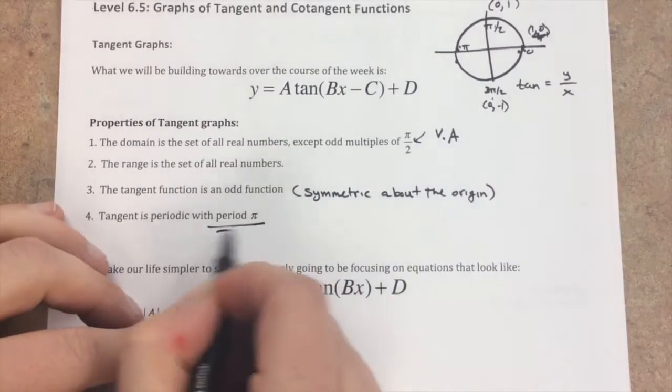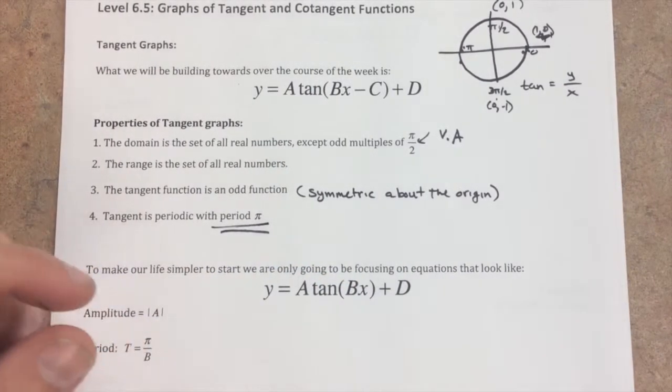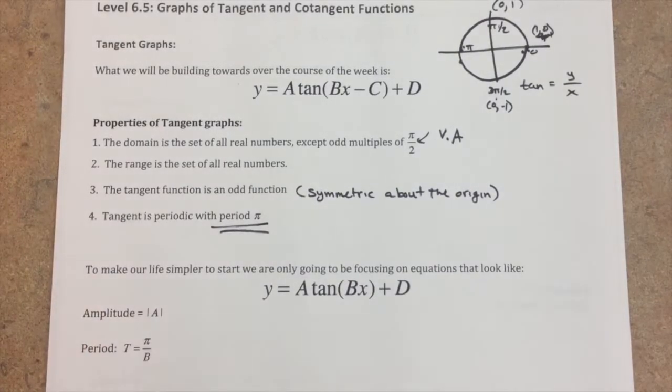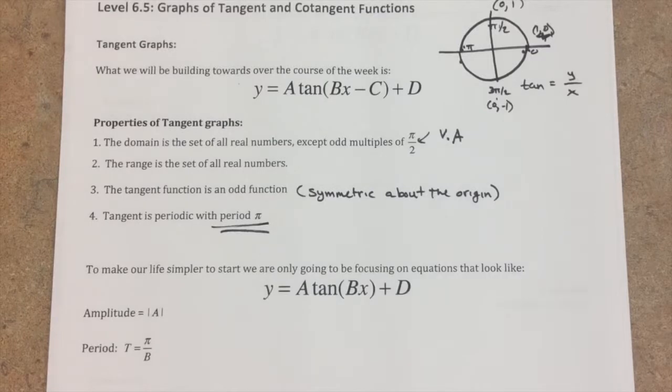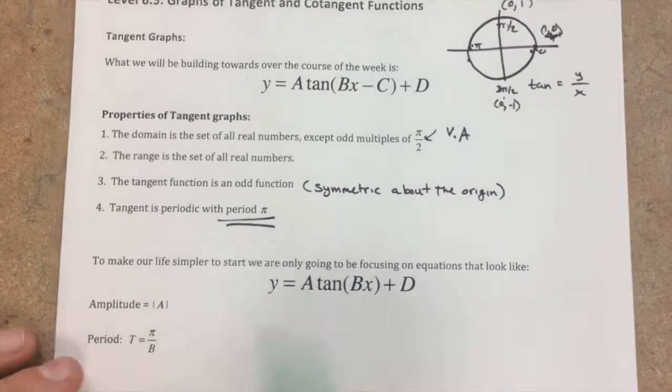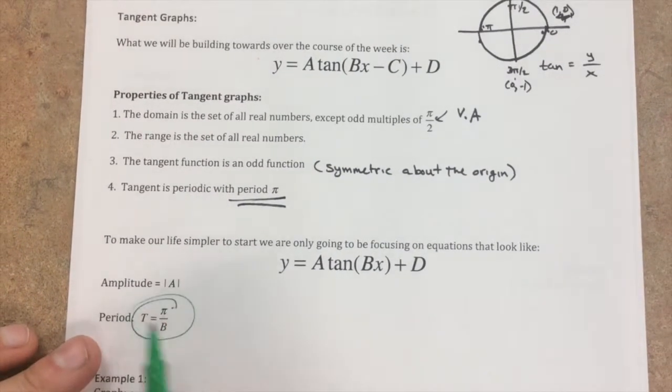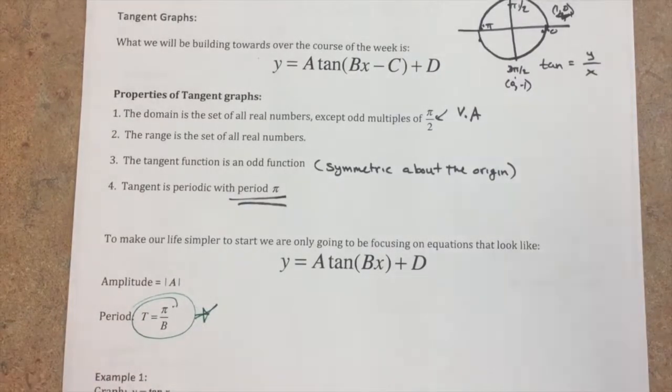And this is the thing that throws most people off. We don't normally use pi over b. Our formula is 2 pi over b for sine and cosine. For tangent, our amplitude stays the same. Our period, though, is only pi over b, because it only takes pi revolutions to complete one tangent cycle.